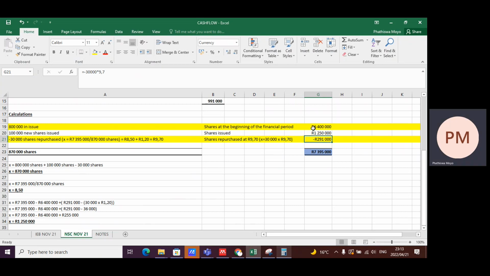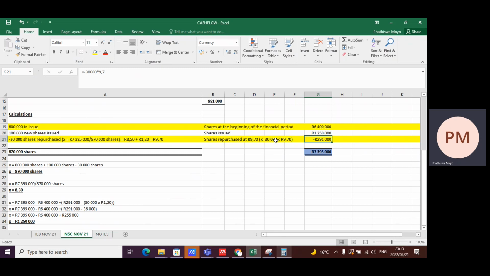Okay, so if you're adding this, it's not going to give you this total, right? Mainly because we had to subtract the 1 Rand 20.